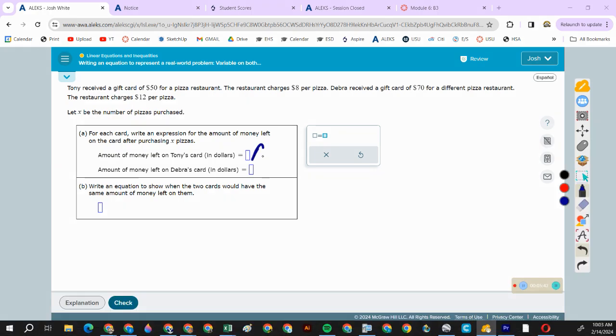So the amount left is going to be $50 minus $8 per pizza, 50 minus 8x. And then for this one, the amount left is going to be $70 minus 12x. Write an equation to show when the two cards would have the same amount of money left in them.